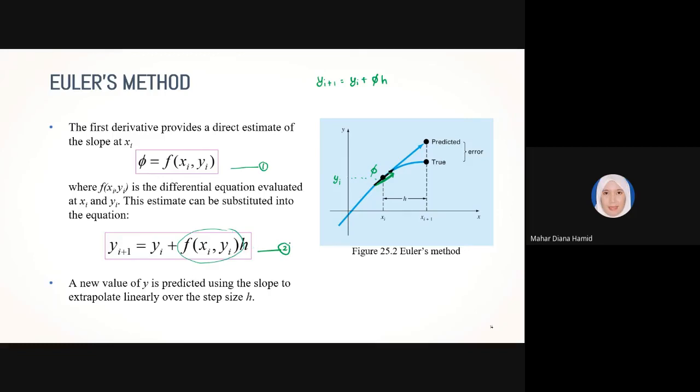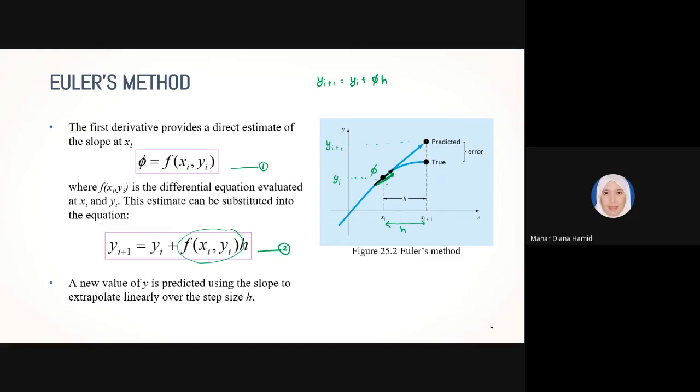This is known as Euler's or Euler-Cauchy method, where a new value of y is predicted. We predict the new value of y using the slope. We extrapolate linearly over a step size of h to get the value of yi plus 1, or the future value.